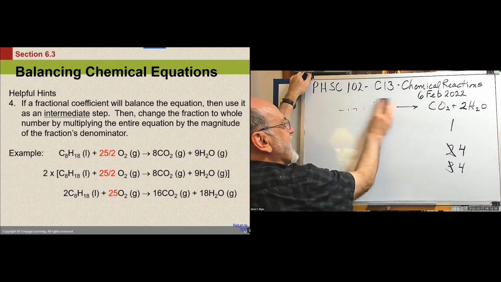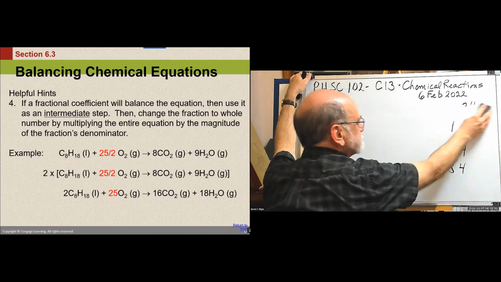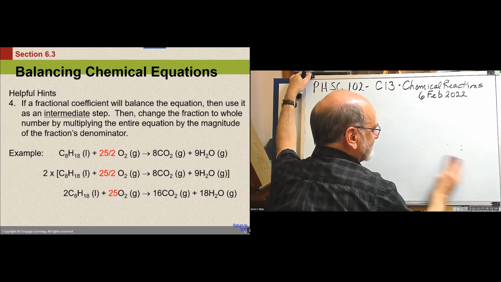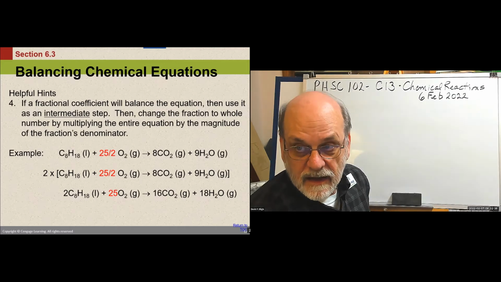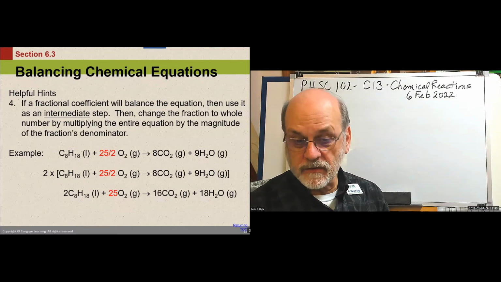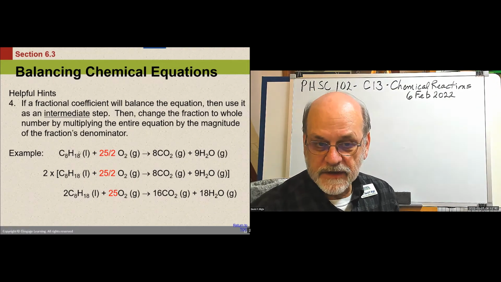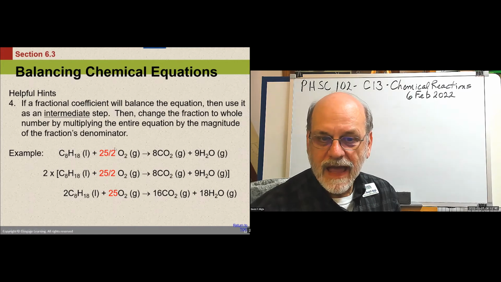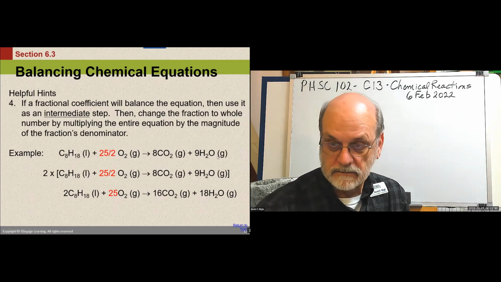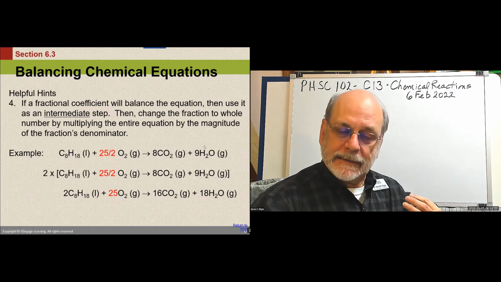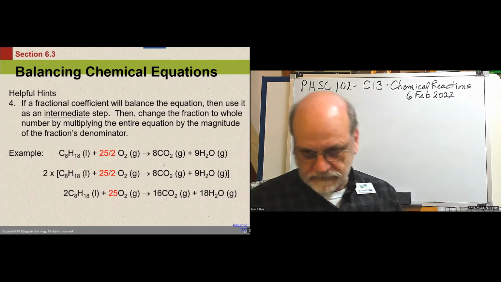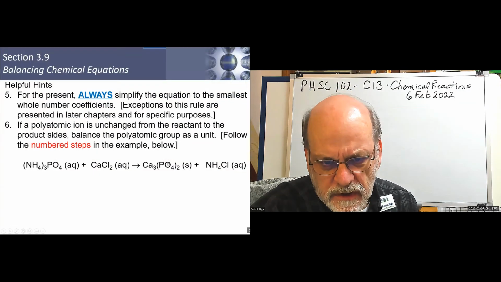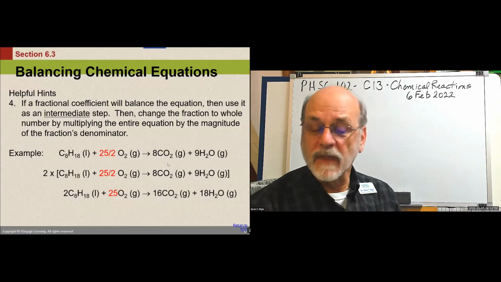What I've got on this slide is a combustion reaction where we have this compound reacted with oxygen to make carbon dioxide and water. Okay. So how do you balance that one? Well, I didn't show you. Let's see. No, not yet.